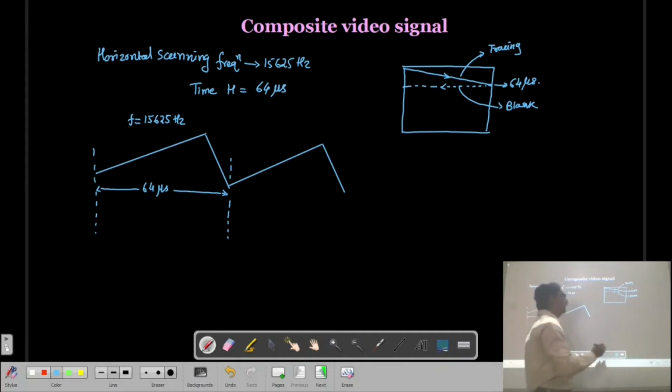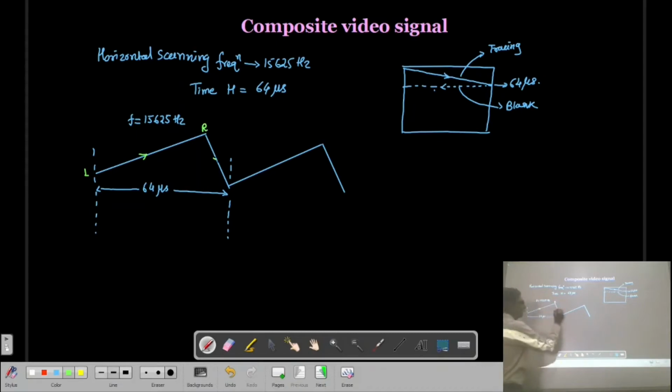But I already mentioned that during this time period, when the electron beam is coming back to the left side, at that time the electron beam is going to be blanked out. So here, in a sweep current, sweep voltage, when this current goes on increasing, the electron beam is moving from left to right.